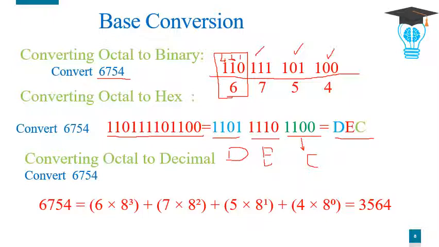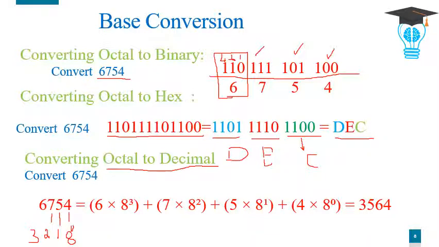Converting last part in this is conversion of octal to decimal, where each bit has a place value in terms of octal. That is, first place value is 8 to the power 0, and it goes on 8 to the power 1, 8 to the power 2, and 8 to the power 3.